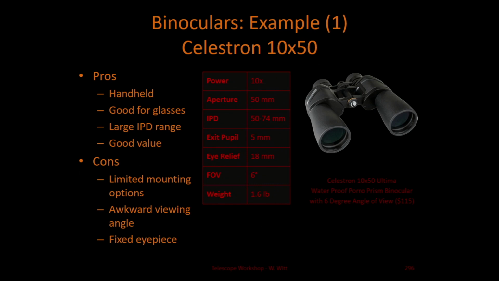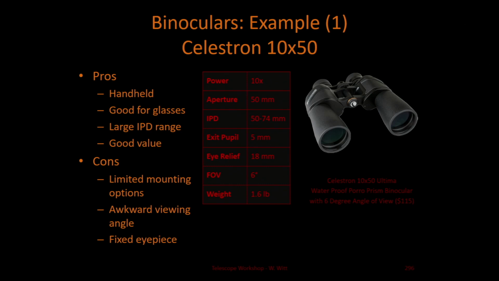These ones are only 5 millimeters, so like we discussed, eye relief, 18 millimeters, large eye relief. So like we discussed, that means if you're a glasses wearer, these might be a good fit for you. The exit pupil is 5 millimeters, so your pupil goes between 2 millimeters and 6 millimeters, depending on the conditions, and so that's pretty good. It illuminates most of your eye, and it's light.